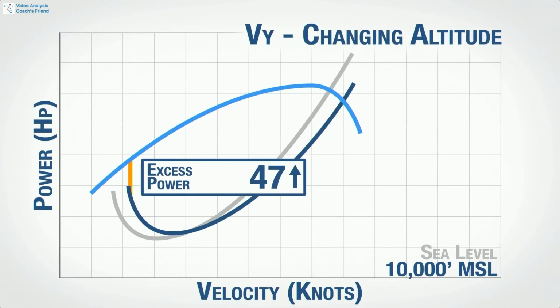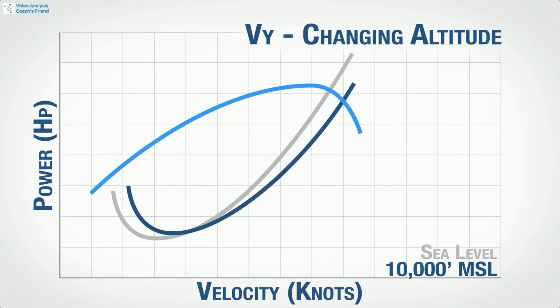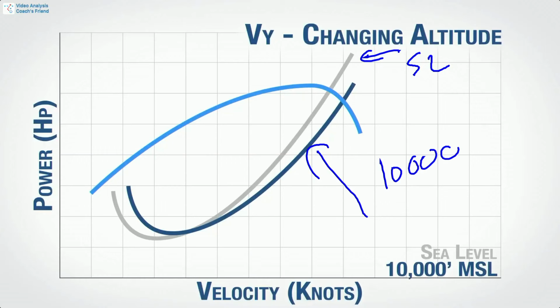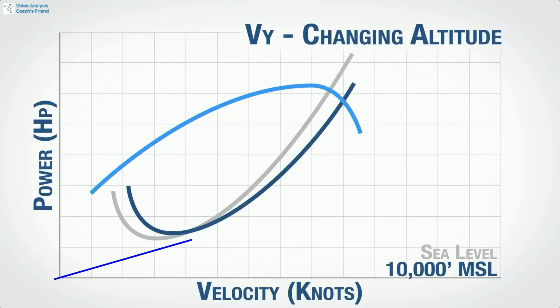Okay, so going back to the very beginning here, what you can see is the gray is sea level. The dark blue is climbing to 10,000 feet. What's interesting about this is remember how in the thrust required curve, they're all on a horizontal line?